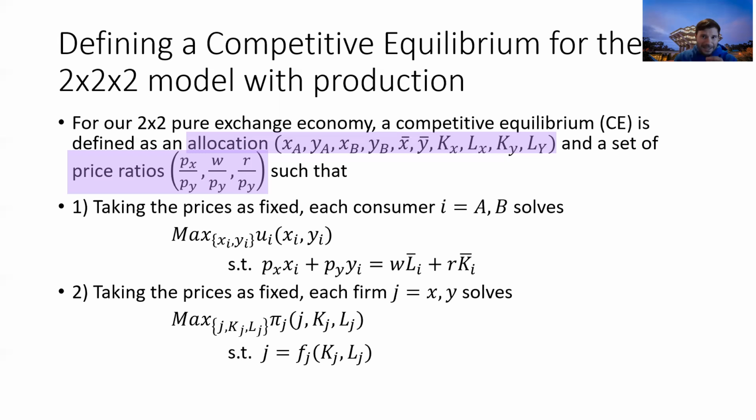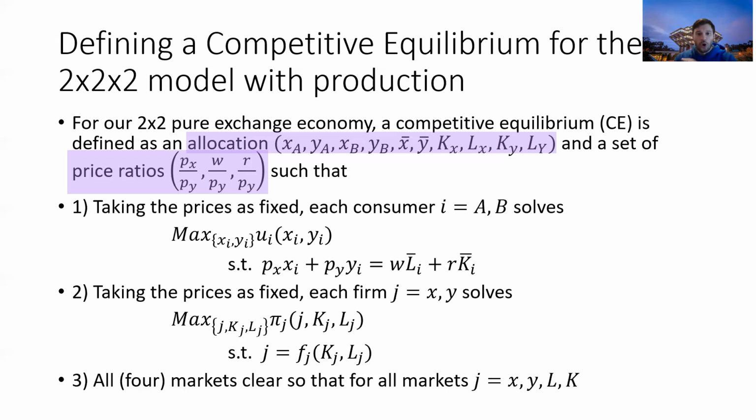The last thing that needs to happen for this to be a competitive equilibrium allocation is all of the markets must clear. Okay, so that the excess demand in any market, whether it's outputs or inputs, has to be zero. And exploiting the Walras law, if we have a situation with four markets, we only have to deal with how many of them to guarantee they all clear?